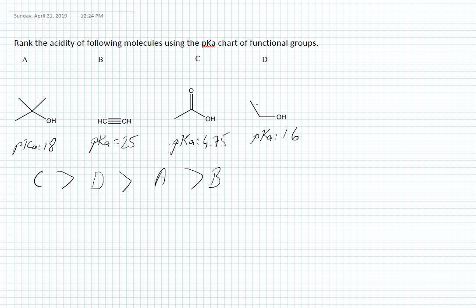Basically, the acidity is most of the time determined by the stability of the conjugate base. For example, let's look at the conjugate base of D, which is going to be this anion, and the conjugate base of A is going to be this anion, this tert-butoxide.